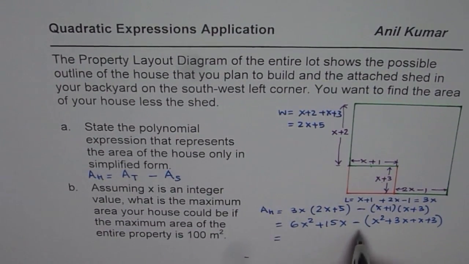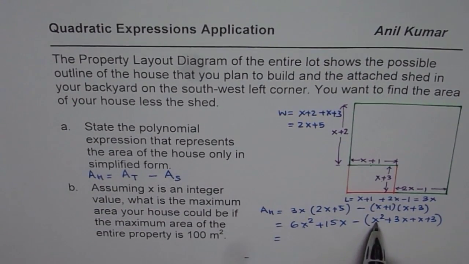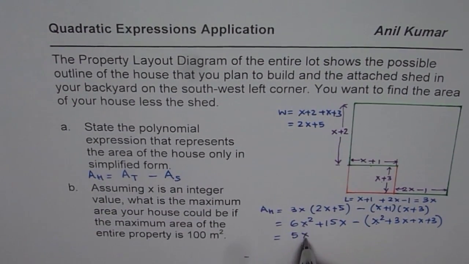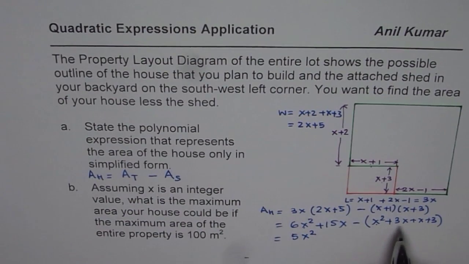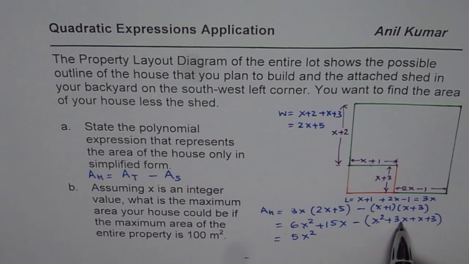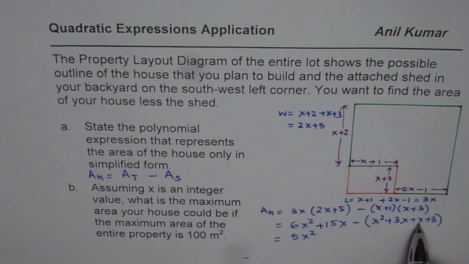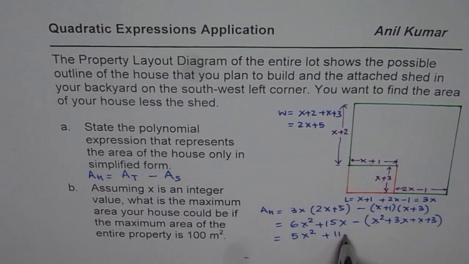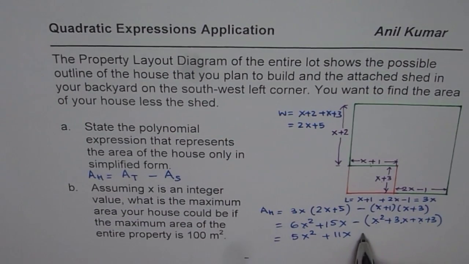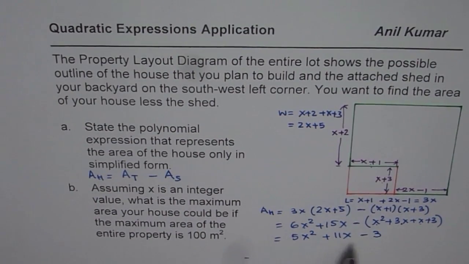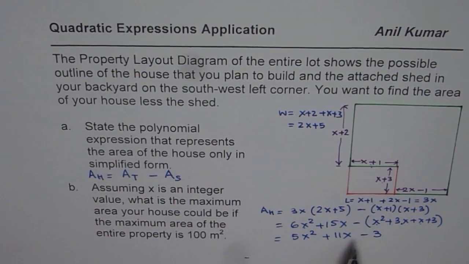Now simplifying, 6x squared minus x squared is 5x squared. 15x minus 3x is 12x. 12x minus x is 11x. So we get plus 11x and minus 3. So that becomes a simplified expression for area of the house.